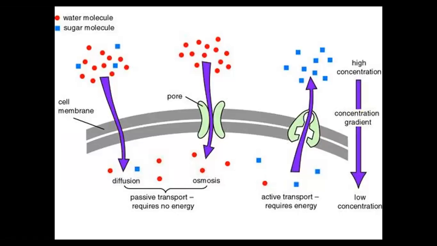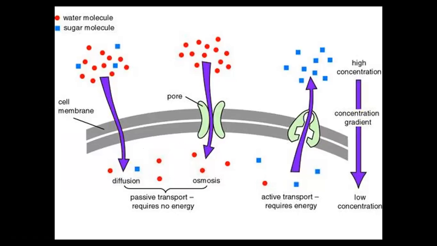Another way is osmosis, which is your normal way of water to move, and that's going to go through a pore. We'll talk about why the water goes through a pore, but think about the hydrophobic and hydrophilic parts of a phospholipid bilayer, and why it might need a pore to go through to get in.